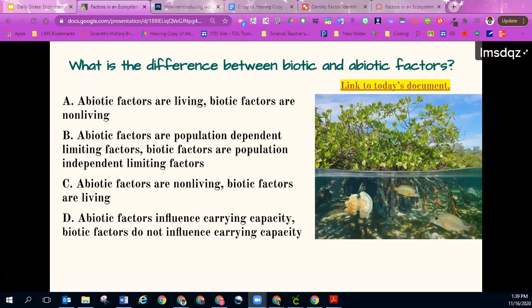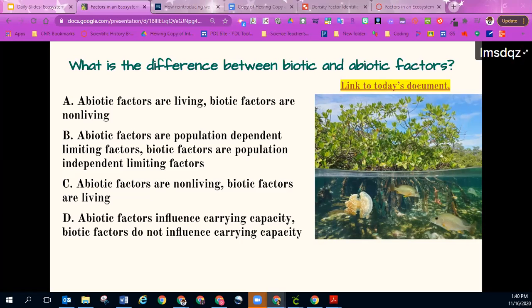What is the difference between biotic and abiotic factors? Alrighty, so most of us are choosing the correct answer.